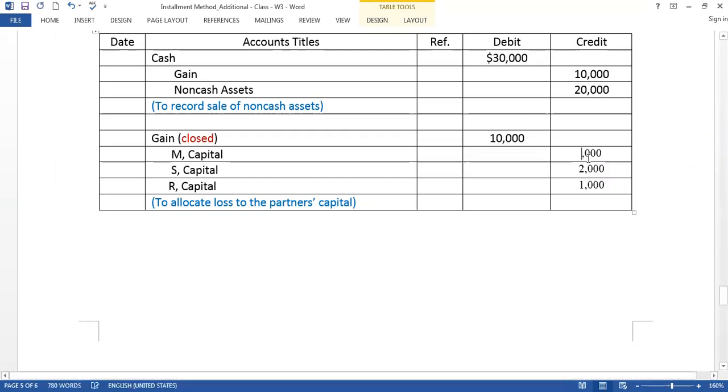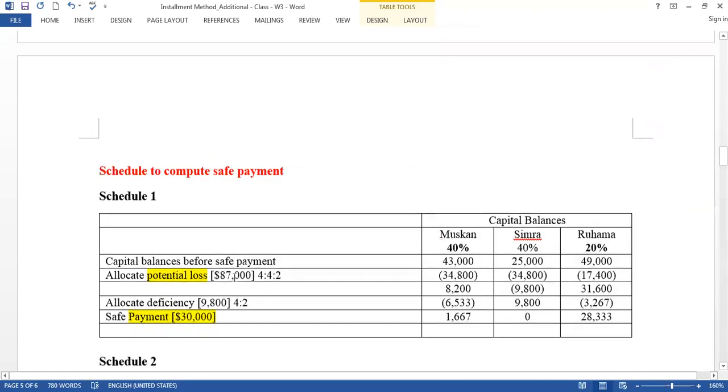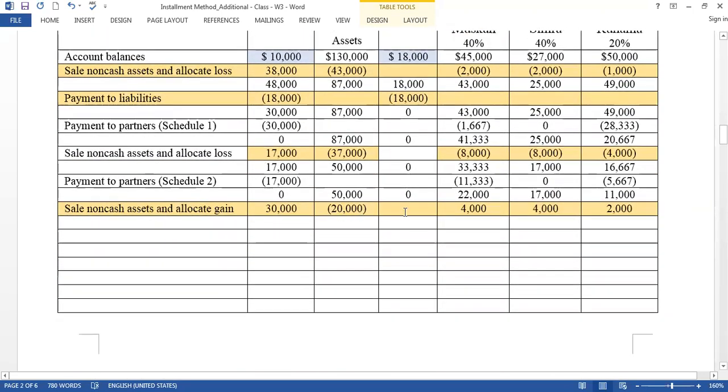So 4,000, 4,000, and 2,000. This is the gain transferred to the capital accounts, right? And we allocate the gain to partners' capital. Clear? Now we have $30,000 cash.